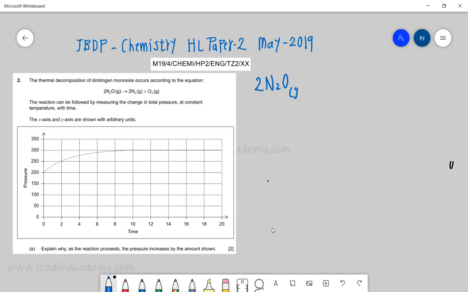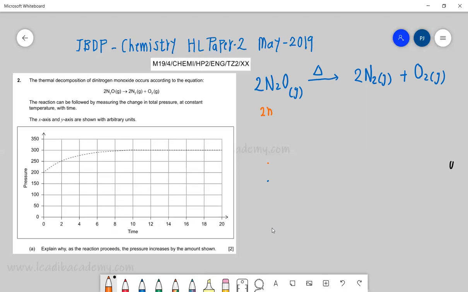2N2O, thermal decomposition, we provide heat, gives 2N2 gas plus O2 gas. Now, what do you see that is interesting about this reaction?